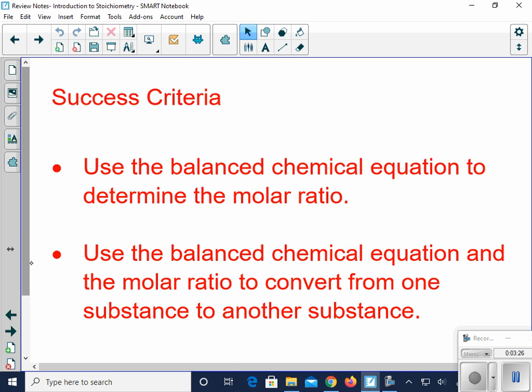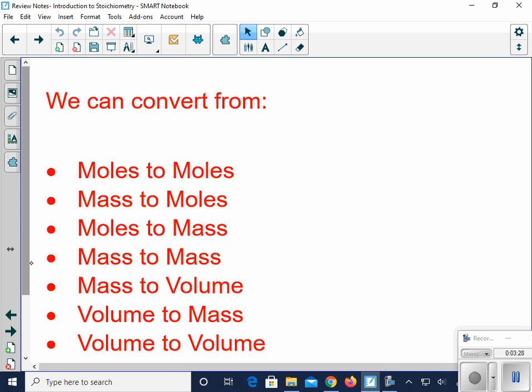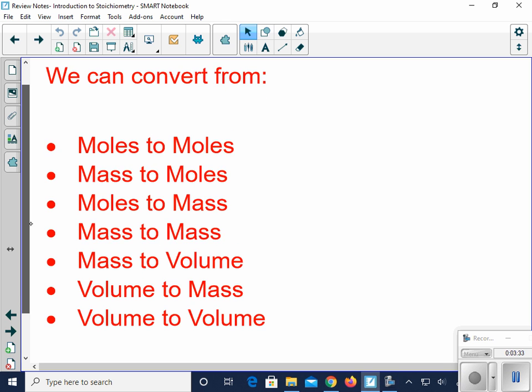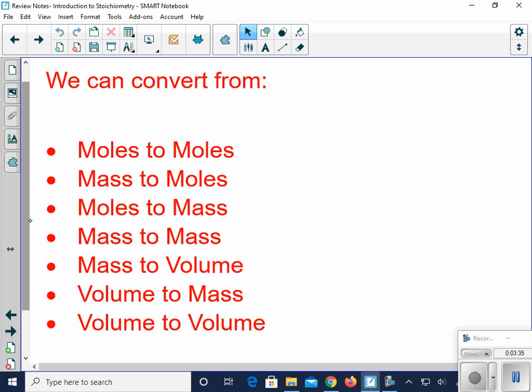So the very first thing we're going to do today is we're going to go from moles to moles, the very top one. But if you look at this particular slide, we should be able to, by the time we finish, go from moles to moles, from mass to moles, from moles to mass, from mass to mass, from mass to volume, volume to mass, and volume to volume.